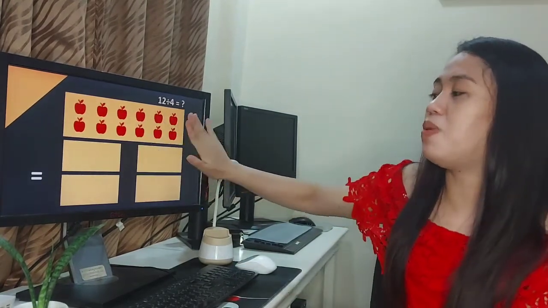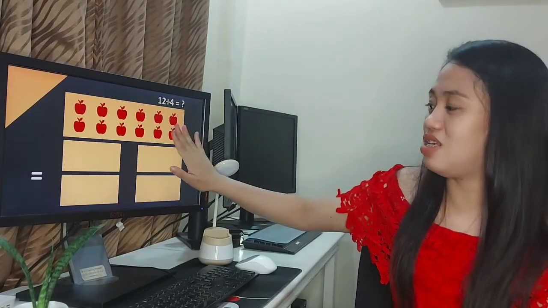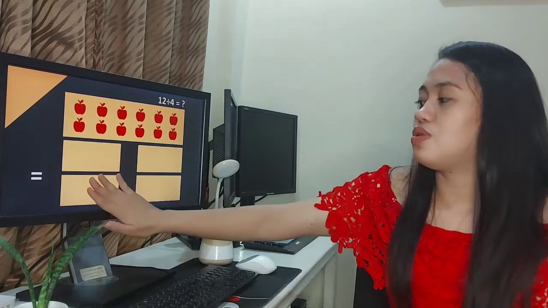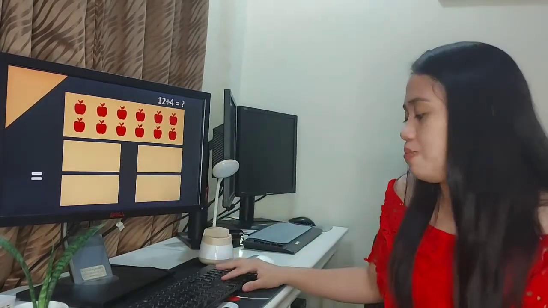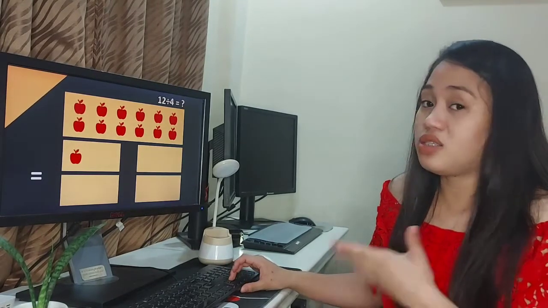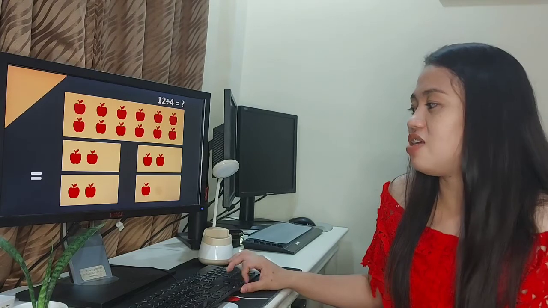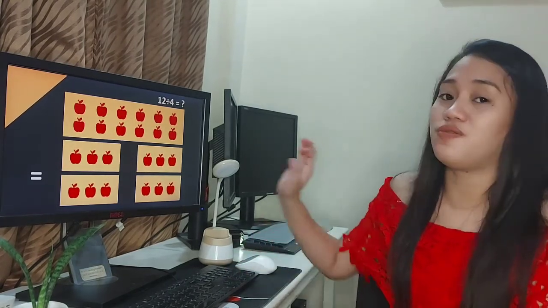We have a box of apples na 12 siya lahat. I-divide daw or hahatiin daw sa 4 boxes. So, the goal is each box dapat may same number of apples. So, let's count 1, 2, 3, 4, 5, 6, 7, 8, 9, 10, 11, 12. So, the answer is 3.